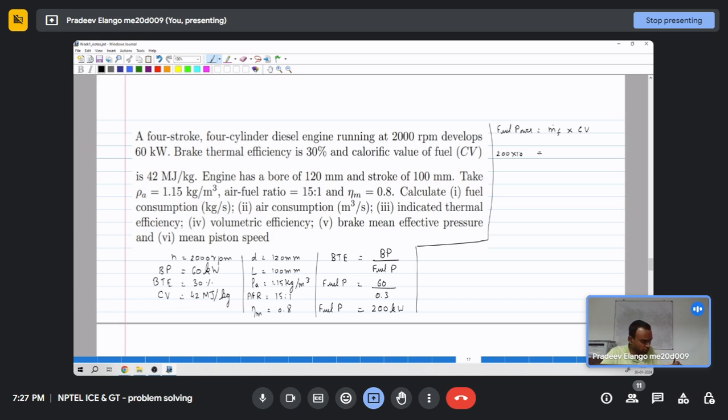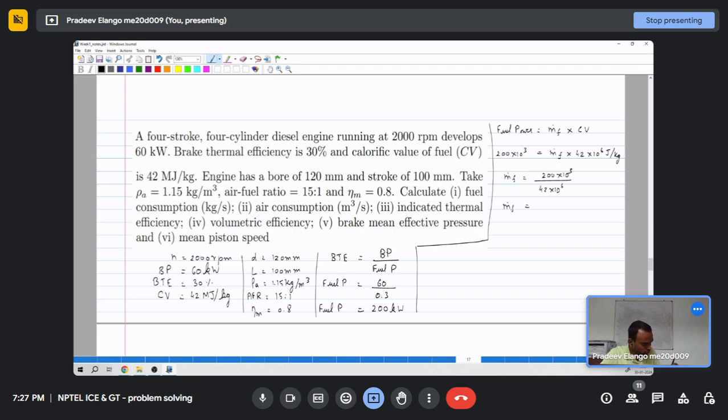Writing in SI units, I have 200 into 10 power 3, and I have m dot f into calorific value, which is 42 megajoules, that is 42 into 10 power 6 joules per kilogram. So now we can calculate m dot f as 200 into 10 power 3 divided by 42 into 10 power 6.